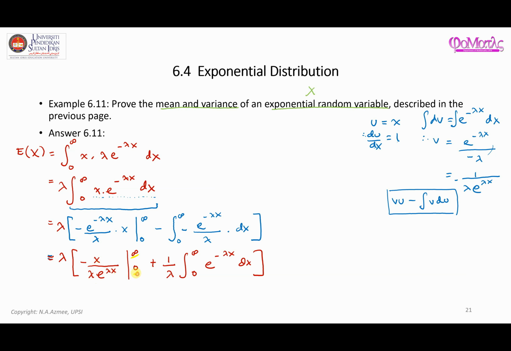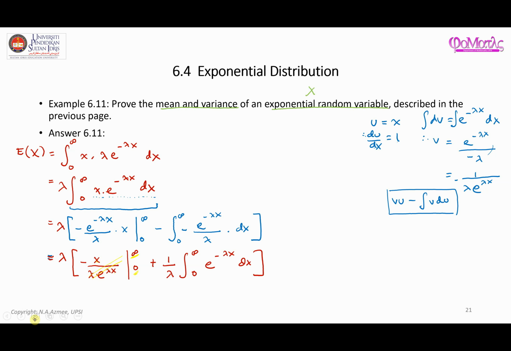And here, if you substitute 0 into x, you will get 0 for the top part. The denominator gives λ, because e^(λ·0) is e^0, which is 1, times λ. So you will have 0 over λ, which is 0. So this part here is going to be 0.